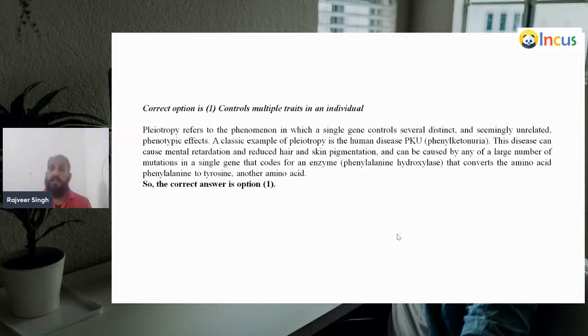The disease can cause mental retardation and reduced hair and skin pigmentation, and can be caused by any of a large number of mutations in a single gene that codes for the enzyme phenylalanine hydroxylase, which converts the amino acid phenylalanine to tyrosine, another amino acid. So the answer will be the first.